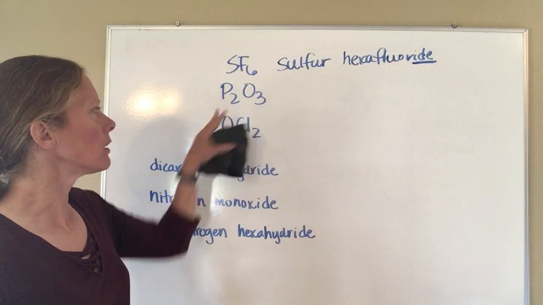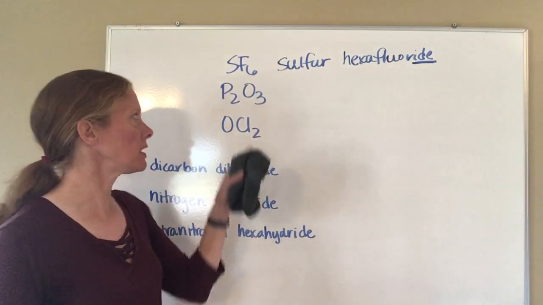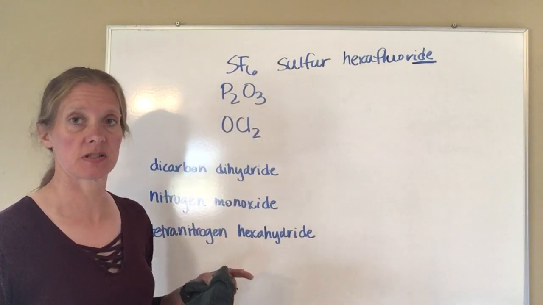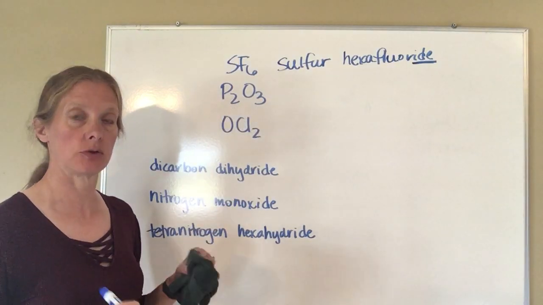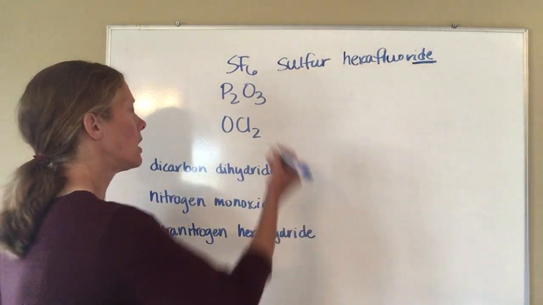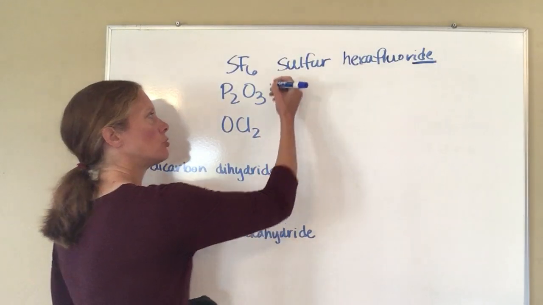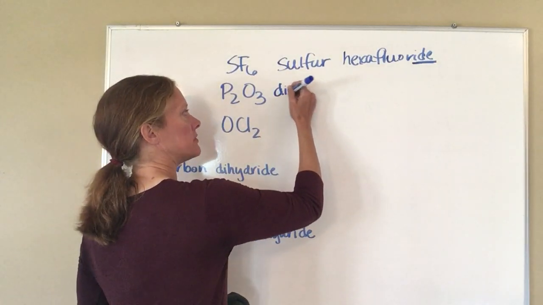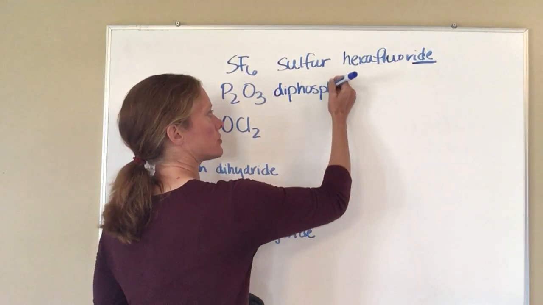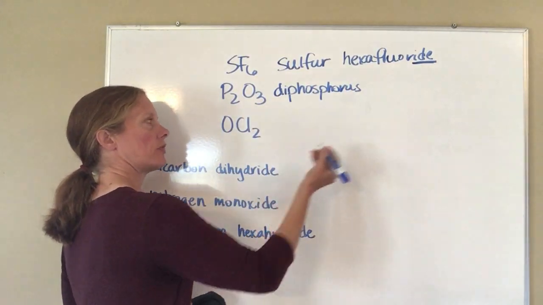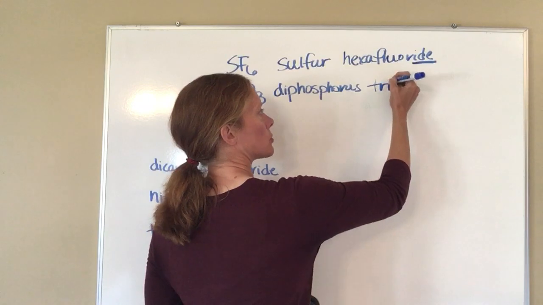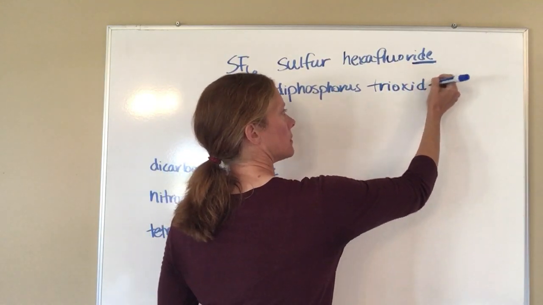Okay, so here in P2O3, I have 2 phosphoruses, not just 1. So if I have more than 1, I have to make sure that I use the proper prefix for that. The prefix for 2 is di, so I'm going to have diphosphorus. I have 3 oxygens. The prefix for 3 is tri, so that's going to be trioxide.